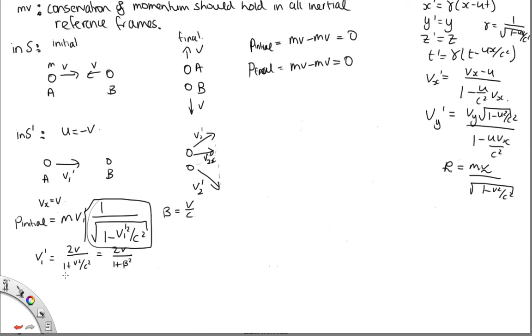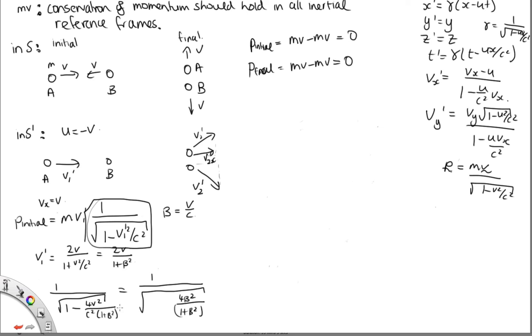So we've got 1 over the square root of 1 minus 4v squared over c squared, and then we've got this 1 plus beta squared. So this is equal to 1 over the square root of 1 minus, v squared on c squared, that's 4 beta squared, over 1 plus beta squared.